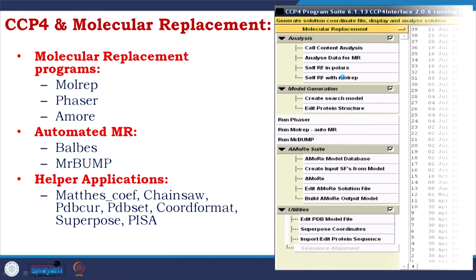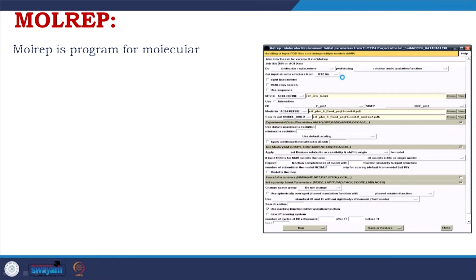So, this is the CCP4 program suite. You could go and check whatever they have. They have categorized them in analysis, model generation, Amore suite, utility, and different categories.